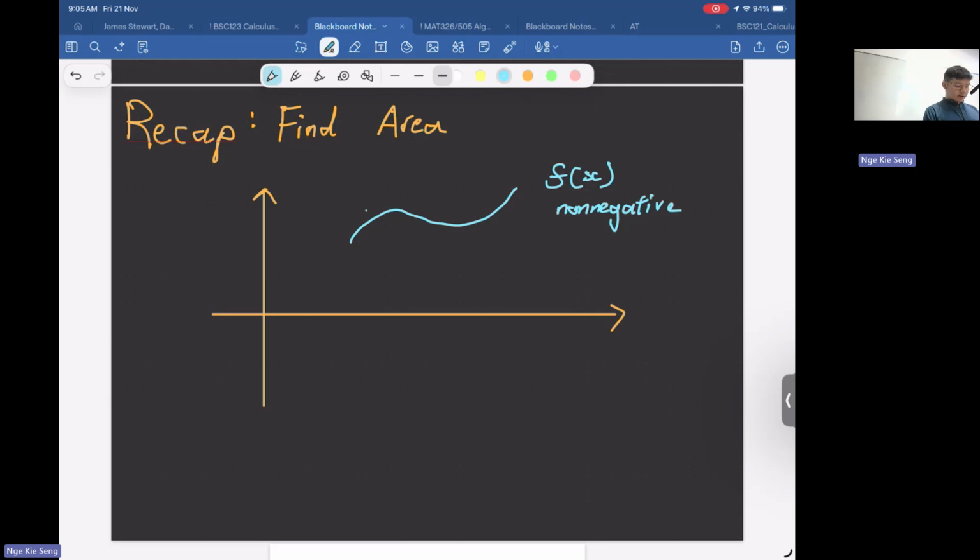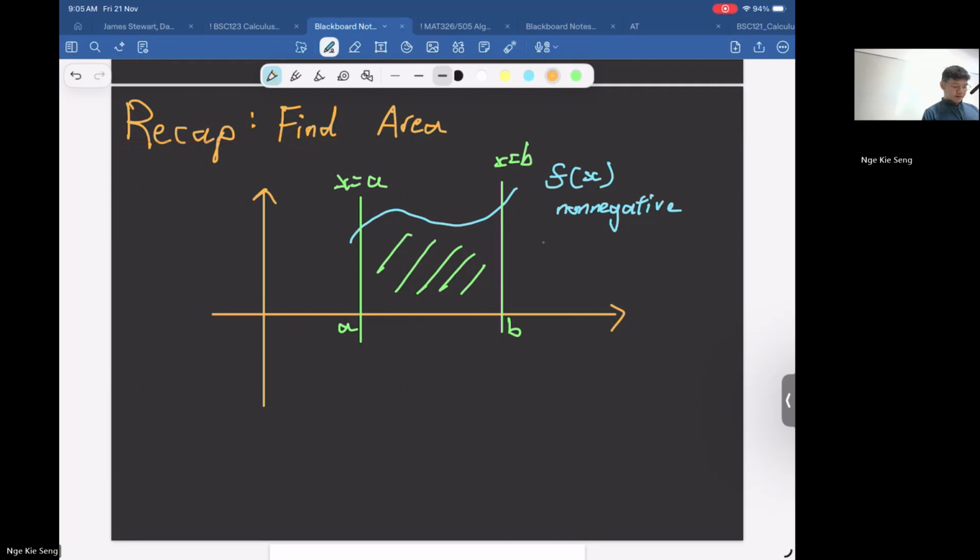And this area is bounded by the x-axis with two vertical lines, x equals a and x equals b. And this area is exactly counted by the definite integral from a to b of f(x) dx.